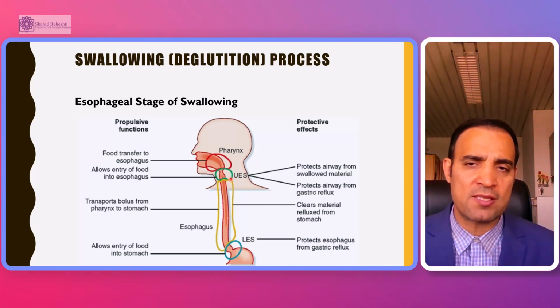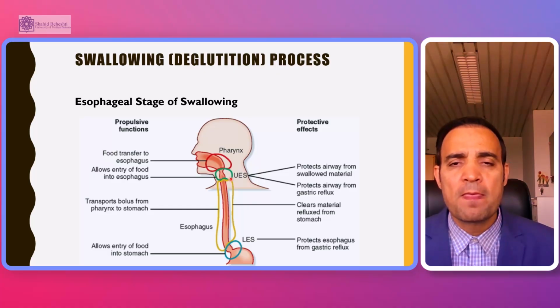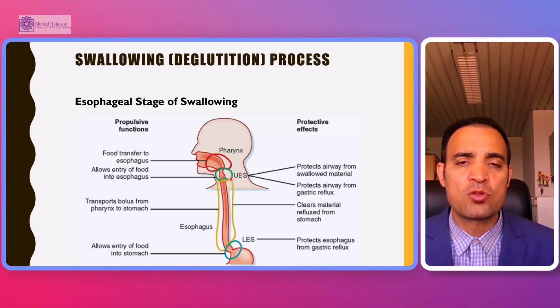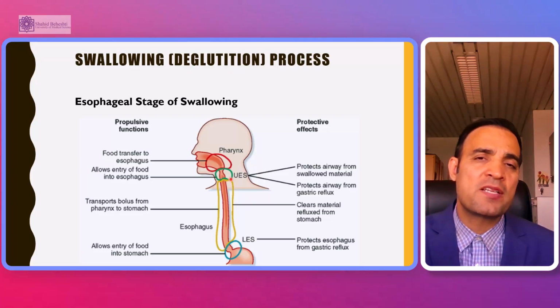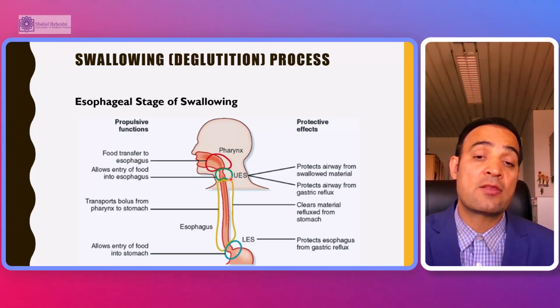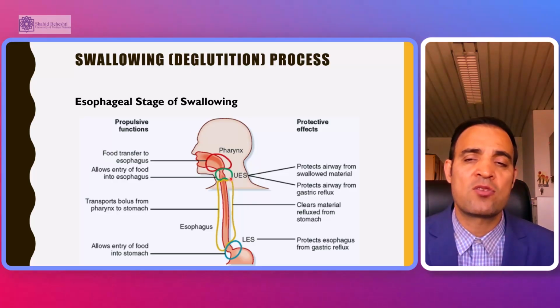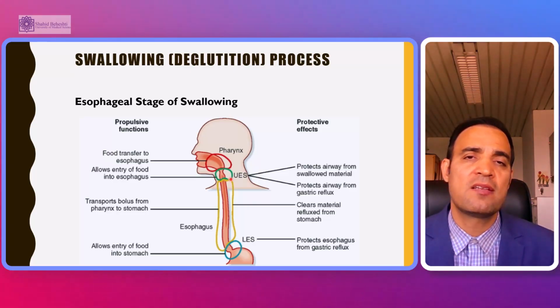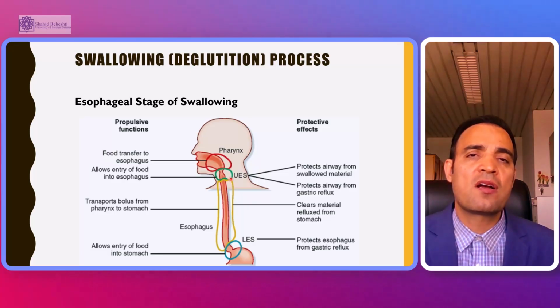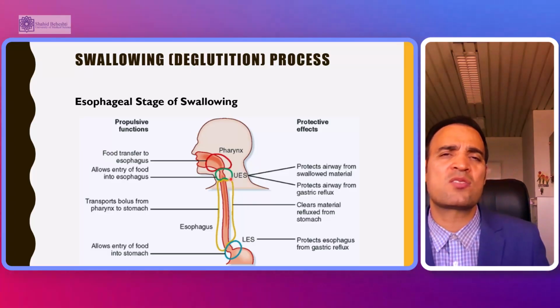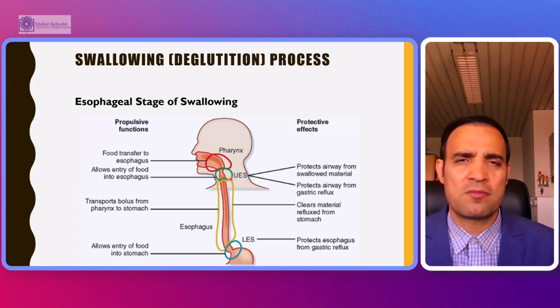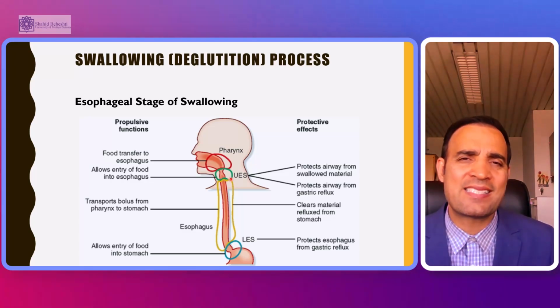I will talk about this again. But as I told you, the contraction of the upper esophageal sphincter, and also the lower esophageal sphincter, prevents the reflux of stomach content into our mouth. And you know that stomach content is completely acidic.